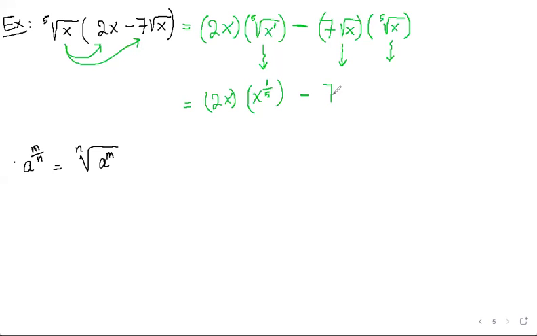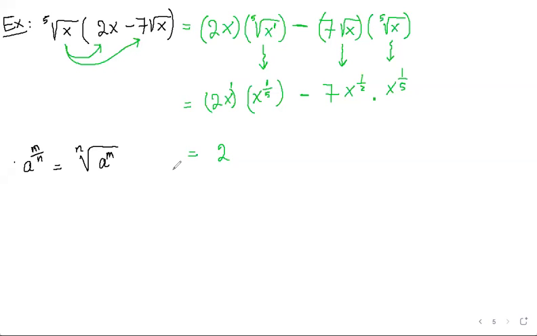Minus 7, again the same idea, x to the 1 over 2 times x to the 1 over 5. And here I have 1. Now I have the same base, x and x. x to the power 1 times x to the power 1 over 5. I can make it one, and he said 6 over 5.